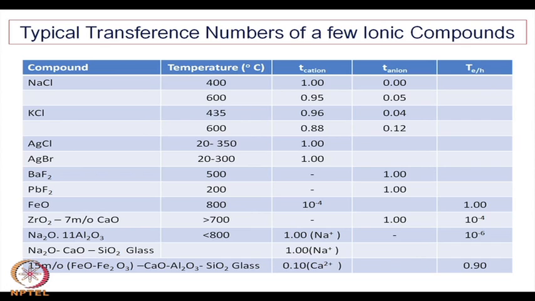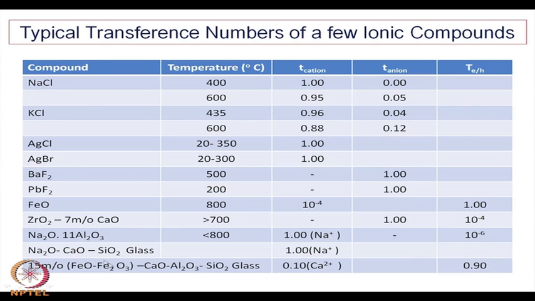And finally, you have another glass composition, just for comparison, having some iron oxide, FeO, Fe2O3, and this is almost a purely electronic conductor, except there is very little calcium oxide conductivity.